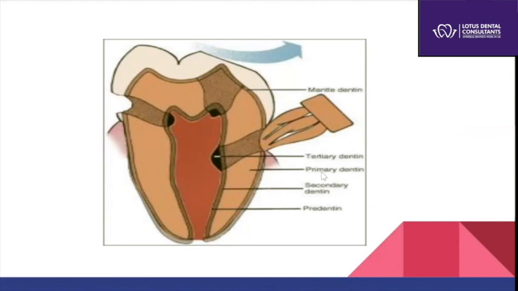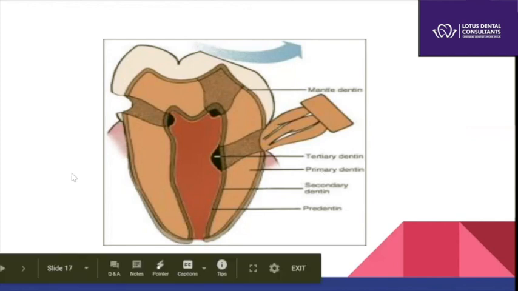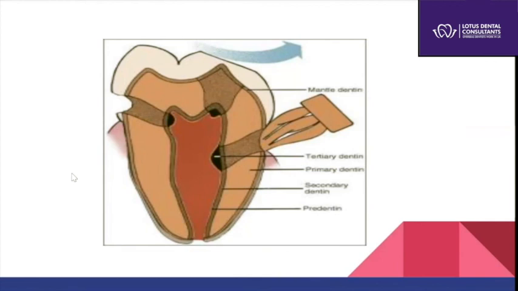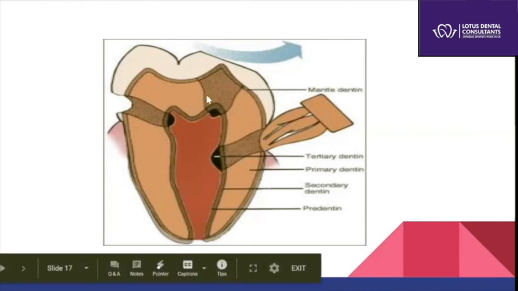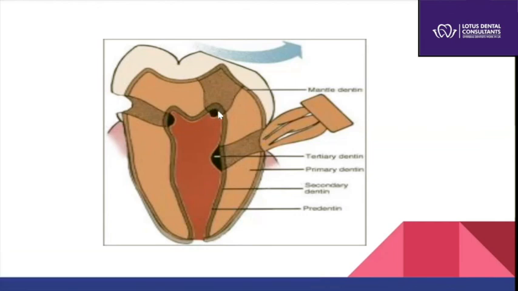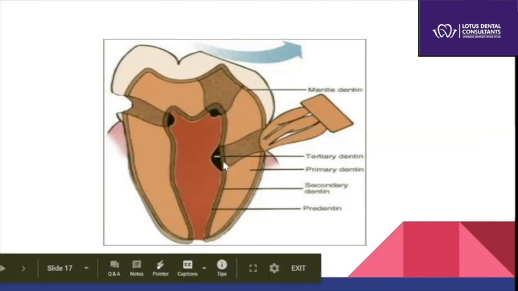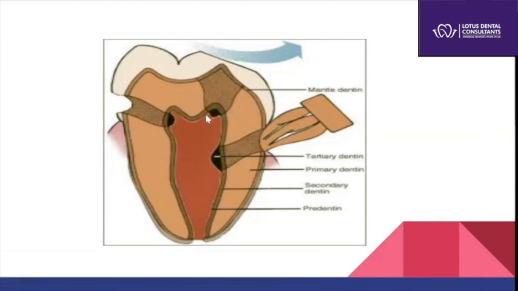After that, is the circumpulpal dentine still there, or is it gone? Circumpulpal dentine is gradually formed throughout life, because the tooth is always exposed to some trauma, like cavities or high load of mastication. Why is it formed surrounding the pulp? Because cells from the pulp migrate, become odontoblasts, and keep depositing a thin layer of dentine surrounding the pulp, and it protects the pulp as well.